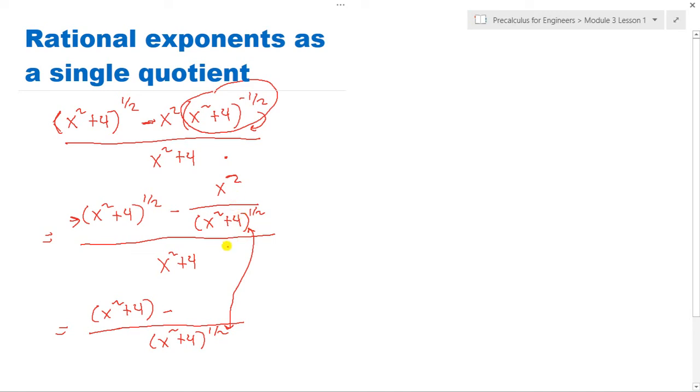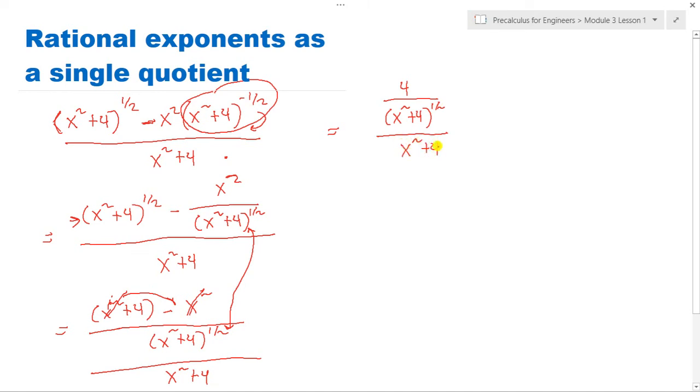Then, 1 times x squared is equal to x squared, all over x squared plus 4. Then, the next one, since meron tayong x squared dito, minus x squared daw, so maka-cancel out na ito. What's left on the numerator part is 4 na lang. 4 all over x squared plus 4 raised to 1/2, all over x squared plus 4.